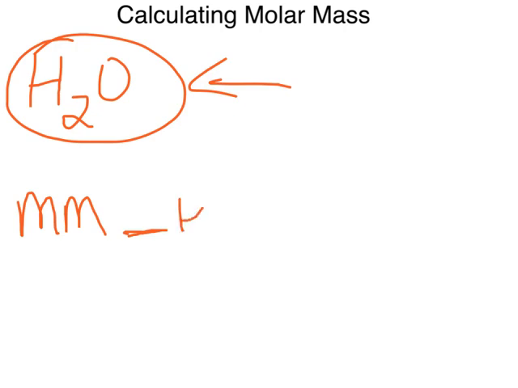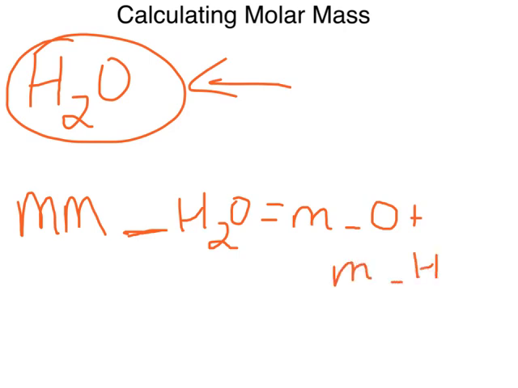Molar mass of water is going to be equal to the mass of oxygen plus the mass of hydrogen, but notice that there are 2 hydrogens, so the mass of hydrogen should be multiplied by 2.